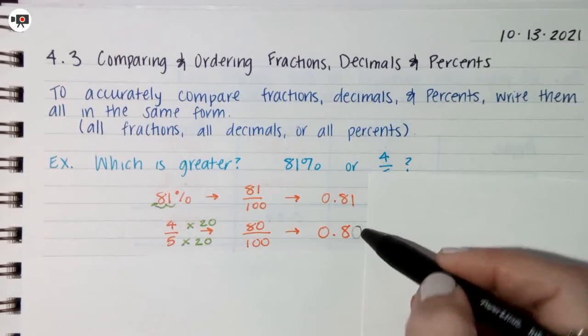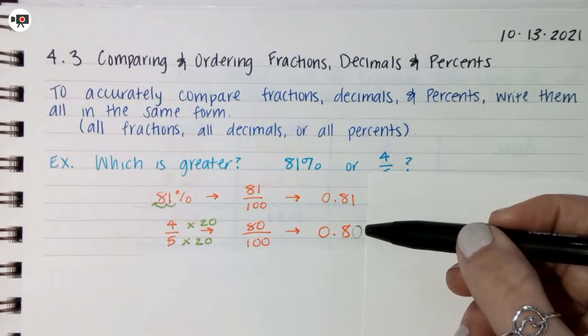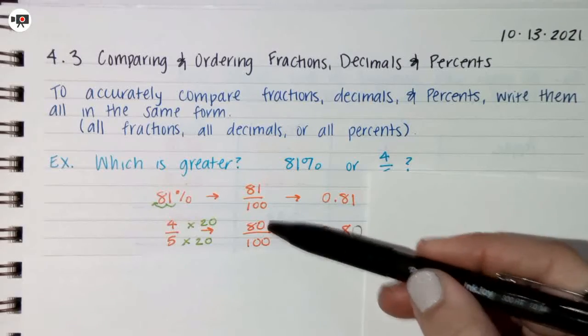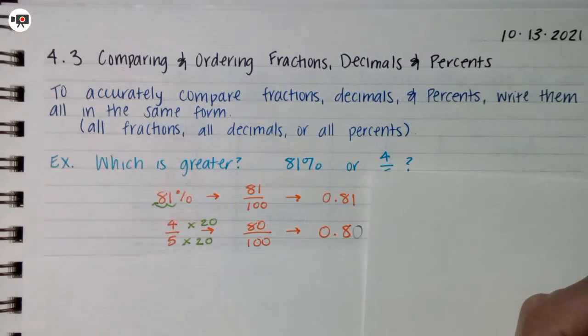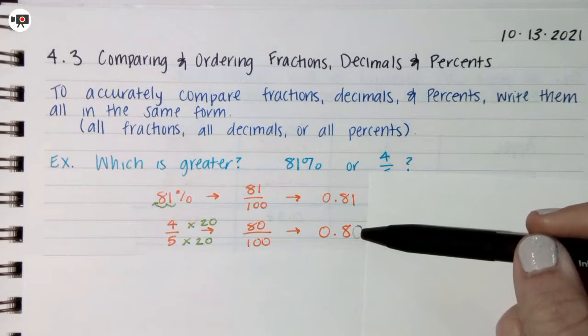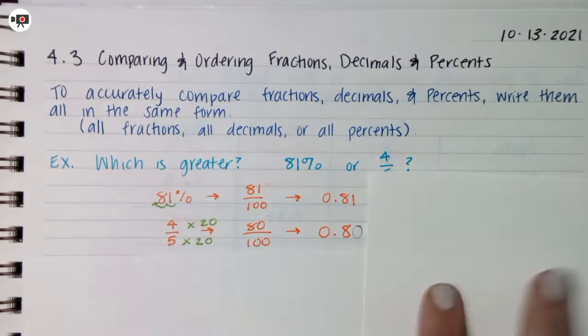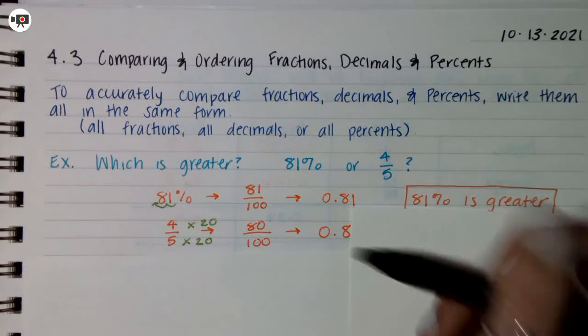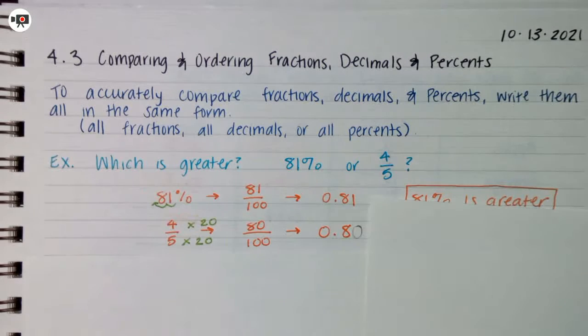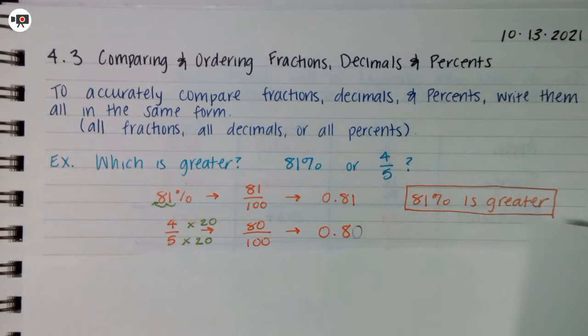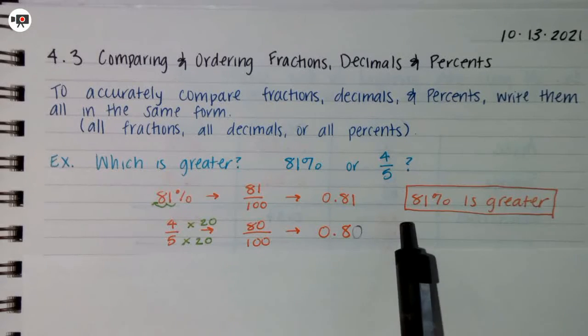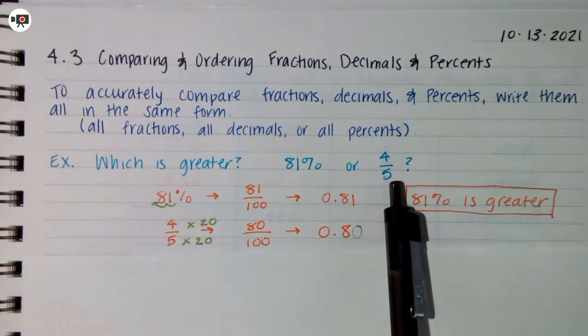Because my 0 here in 80 is in the hundredths place, and that's what 80 over 100 means. I don't have to write this 0. 0.8 is the same as 0.80. So now with these, I can compare, and I can accurately and confidently say 81% is greater than 4/5.